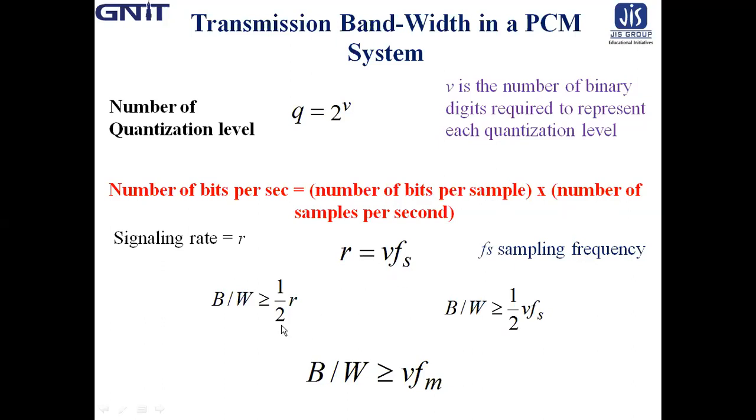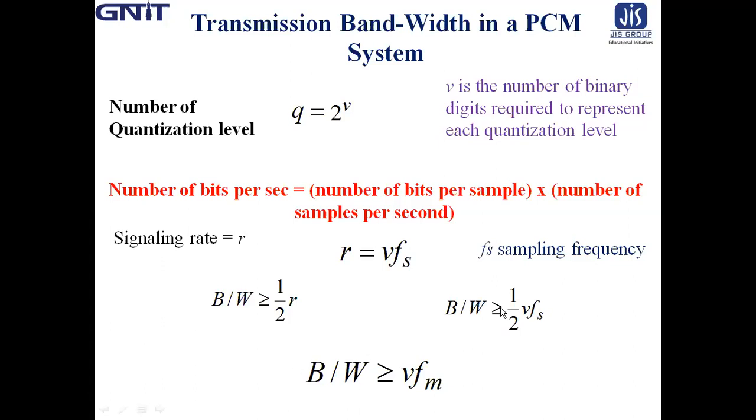We know that the bandwidth for PCM is greater than or equal to half of the bit rate or signaling rate. So bandwidth is greater than or equal to half into R, which is half into V into Fs. Then we know from the sampling theorem that Fs should be greater than or equal to twice Fm.